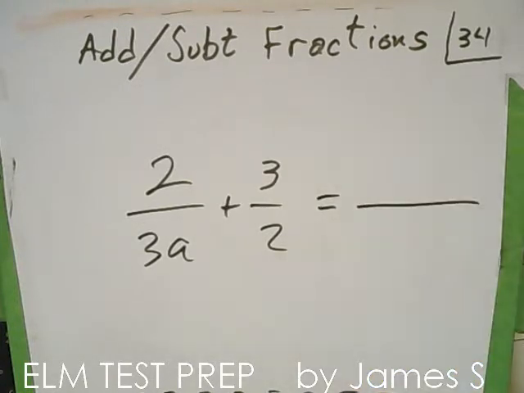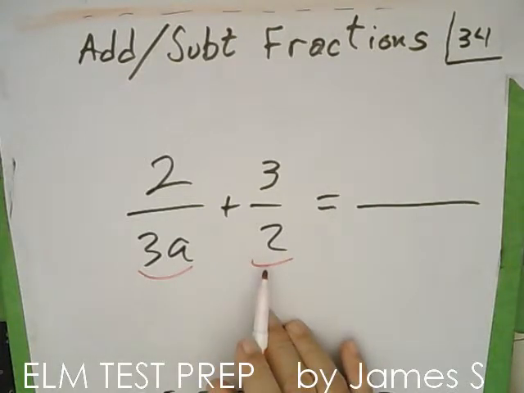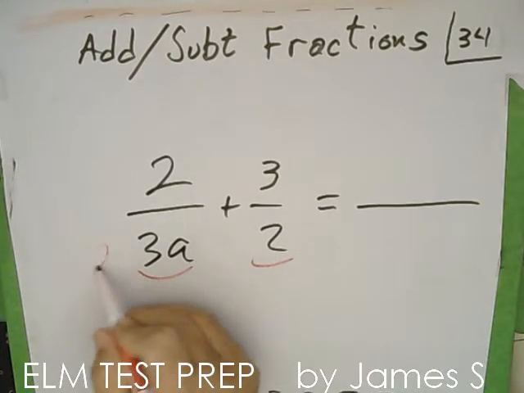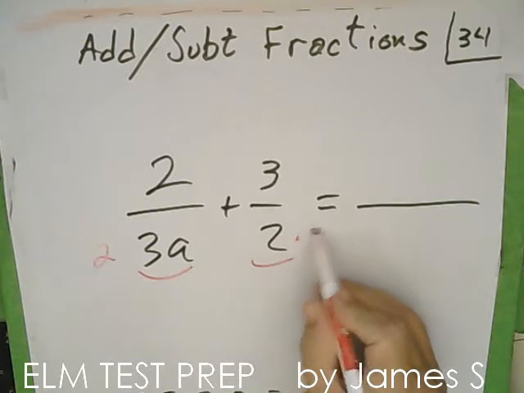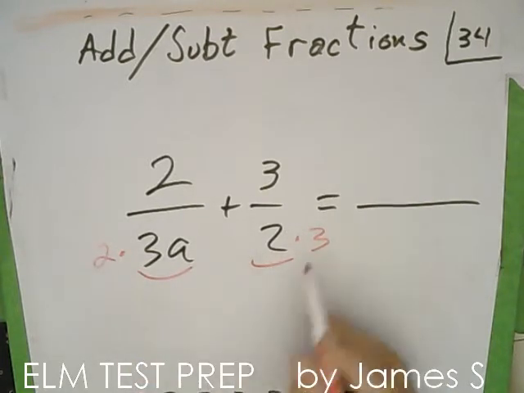Again, this could have been negative, it wouldn't matter. But right off the bat, I see that my names are different, and I need the same thing. I see this is a 3 and this is a 2. They're both prime, so I could turn them both into 6's, multiplying this by 2 and this by 3. Okay, that covers the number.